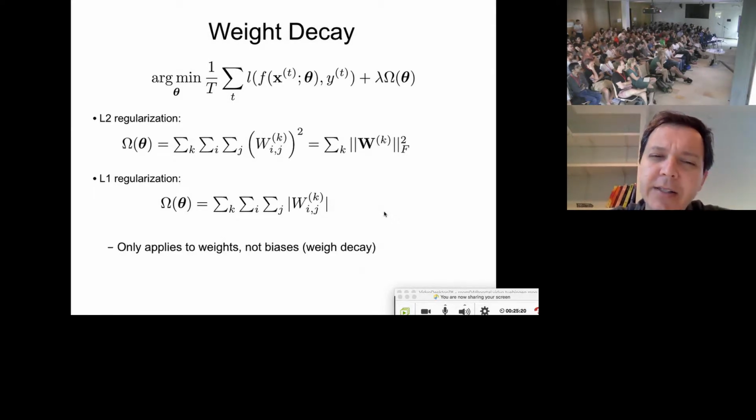And the L1 regularization typically tends to make your model sparse, so most of the parameters are close to 0. And both of these regularizers apply only to weights and not to biases. So these are the standard ones, but later on I'll tell you about newer regularization techniques that you have to use to actually be successful in training these models.